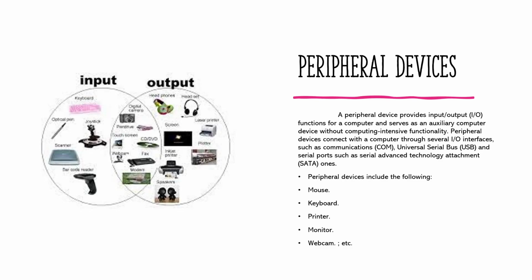The peripheral devices connect with the computer through several input-output interfaces, such as communications, COM, Universal Serial Bus, USB, and serial ports such as Serial Advanced Technology Attachment, or SATA.